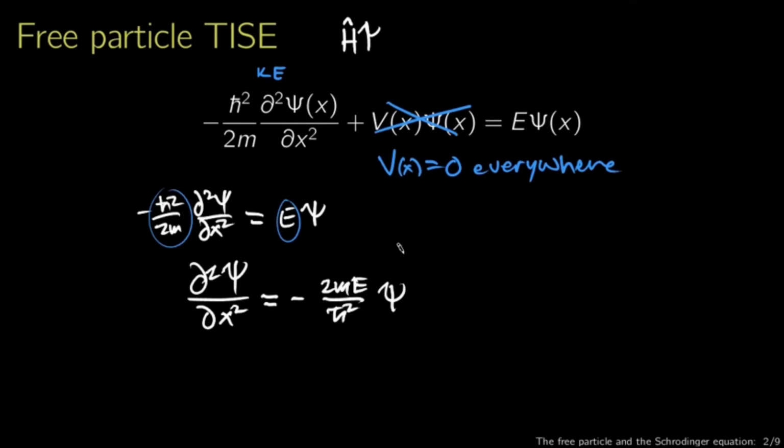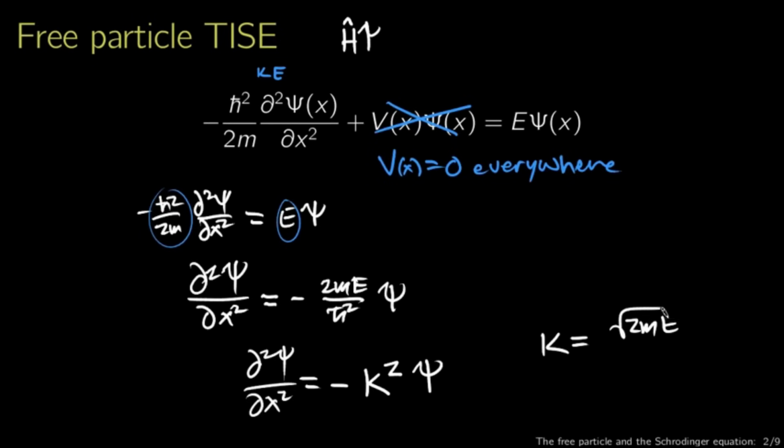The fact that we're taking a second derivative suggests that the constant here perhaps is squared. So what I'm actually going to write this as is the second derivative of psi with respect to x is equal to minus some constant k squared times the wave function, where k, our constant, is the square root of 2mE over Planck's constant.